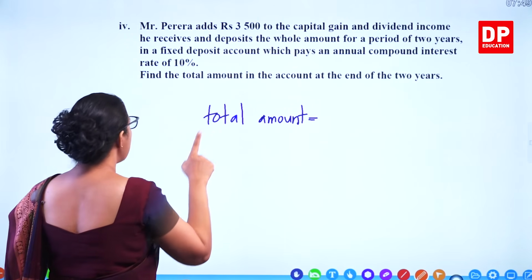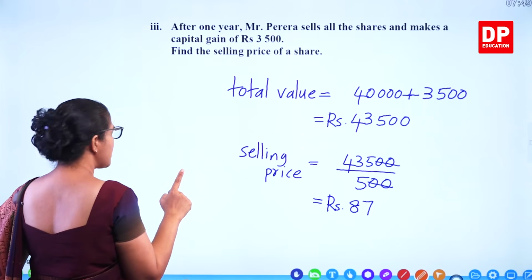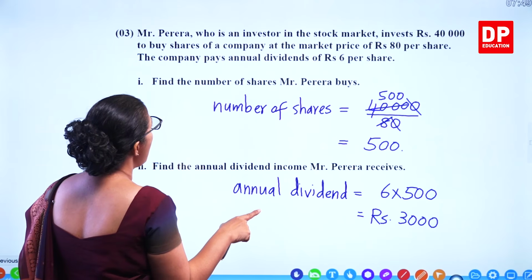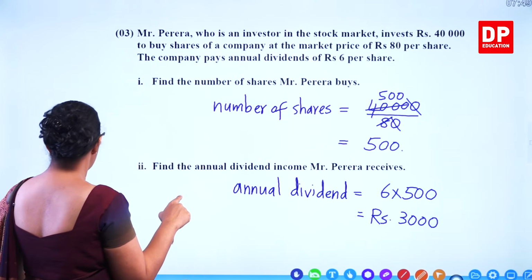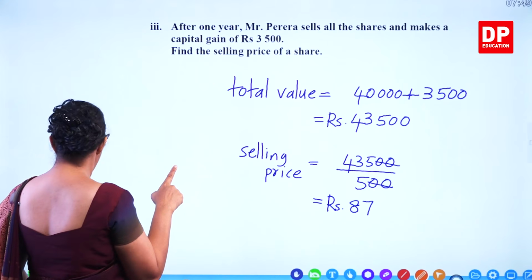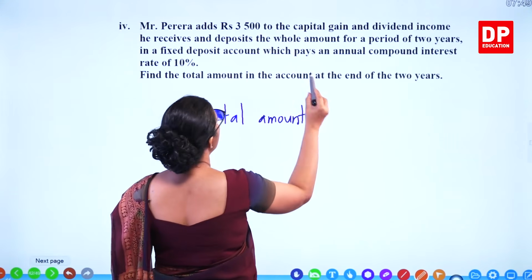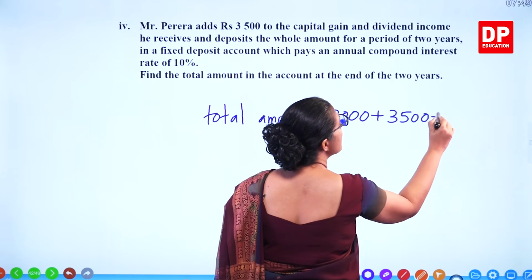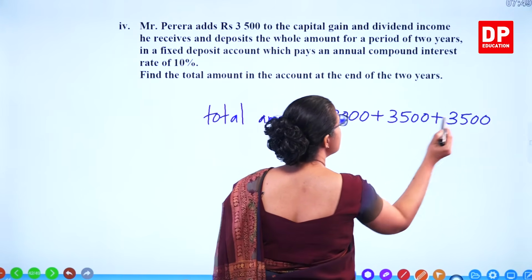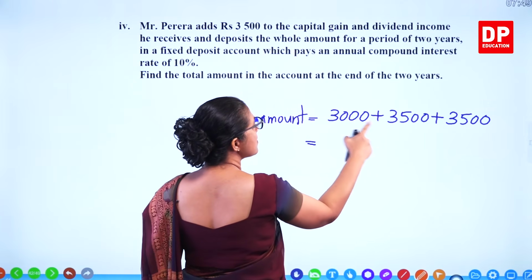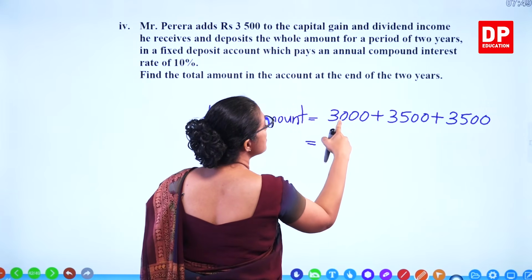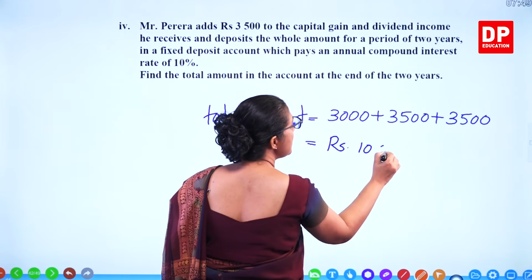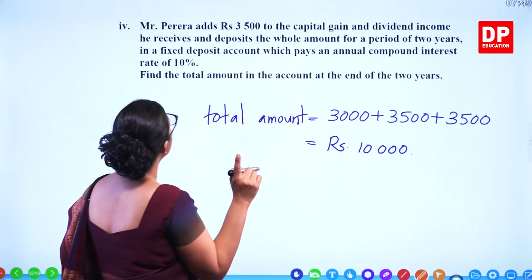We have to find out separately. Annual dividend is 3,000 and gain 3,500 and another 3,500. So 3,000 plus 3,500 plus another 3,500. That's the invested amount. 7,000, so 7 plus 3, 10. 10,000 rupees he invested now in a bank.